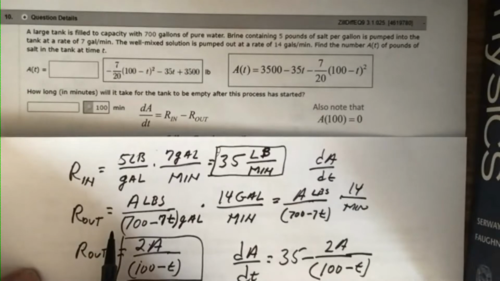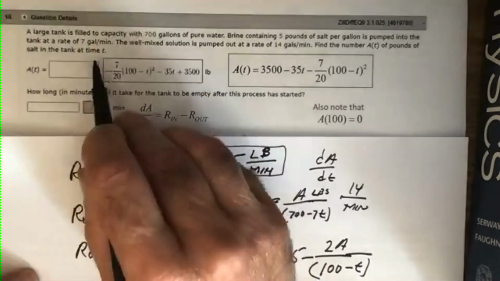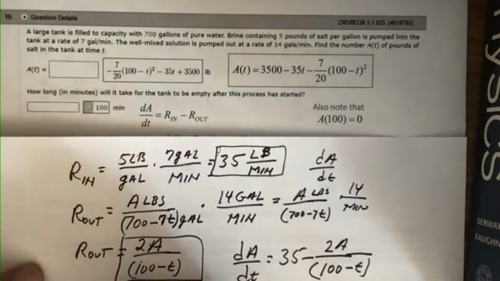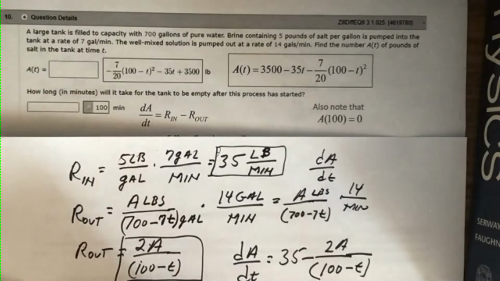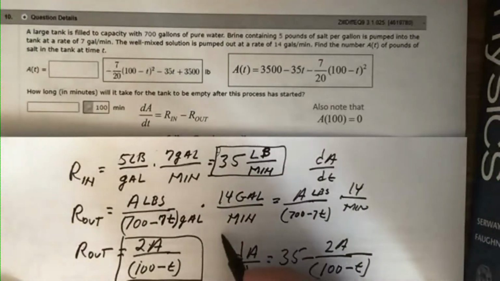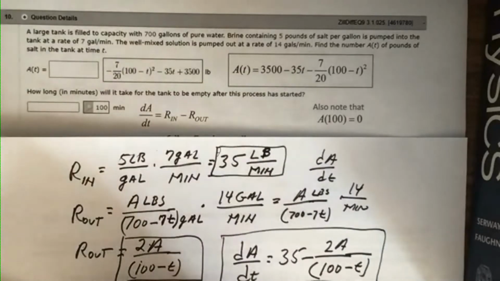Okay, we're told we have pure water. So our initial condition is that the amount of salt at time 0 is 0. So this is the initial value problem: this is the differential equation, and this is the initial value.